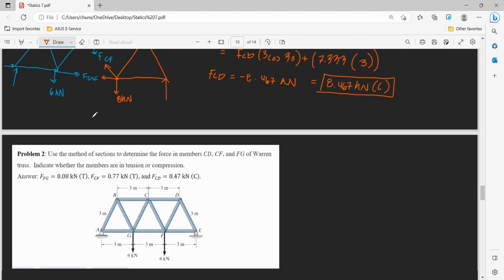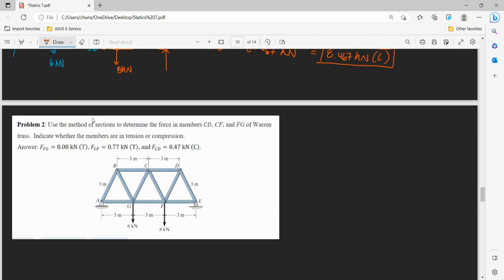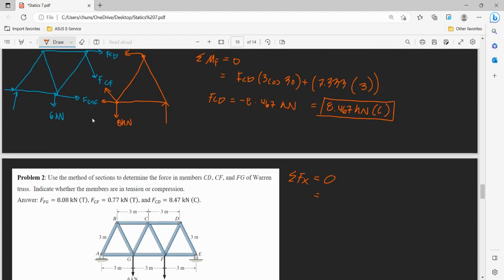Okay, we're going to keep going. So let's do our FX. Actually, no, I'm going to do FY first. So I think we have less going on. So we have positive 7.333 plus 8 kilonewtons plus the FCF value. And since these are equilateral triangles, each of these has an angle of 60, sorry.